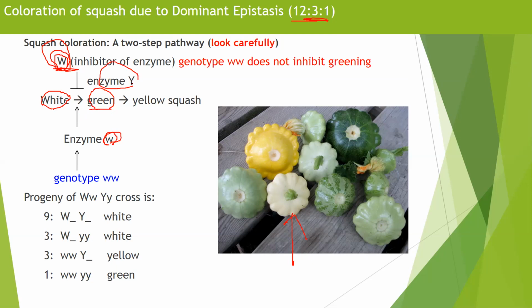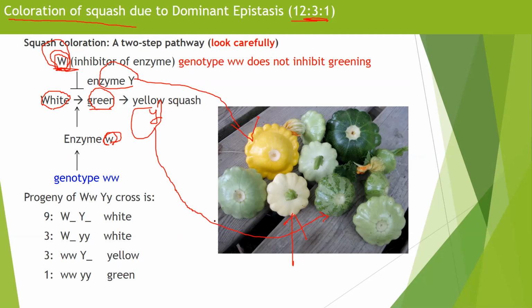The capital Y will produce yellow, and the lowercase y will produce green. So this is another example to show the dominant epistasis of the ratio of 12 to 3 to 1. And this is the two gene pathway that determines the coloration of the squash.